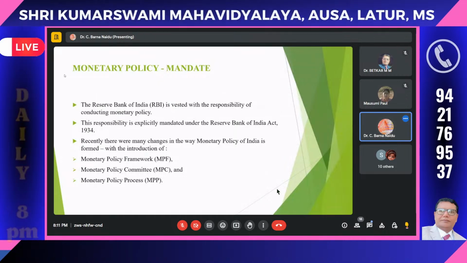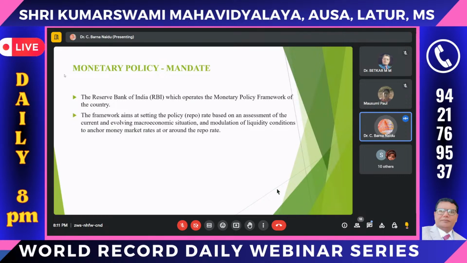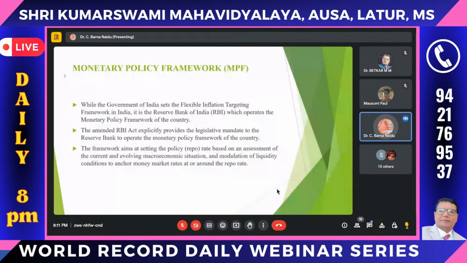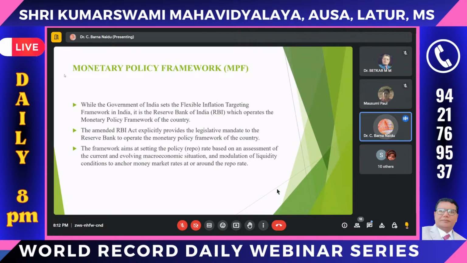Now, when we are talking about the monetary policy framework, it means that the government of India sets a flexible inflation target also. So here we are trying to understand what operates the monetary policy framework in the country, the amended Act of the RBI.